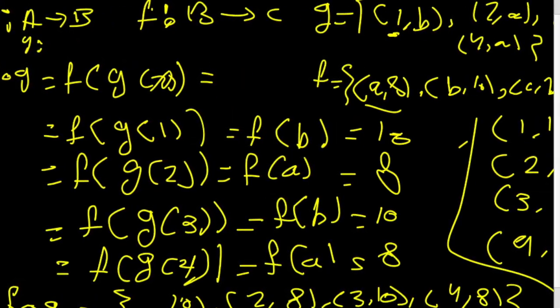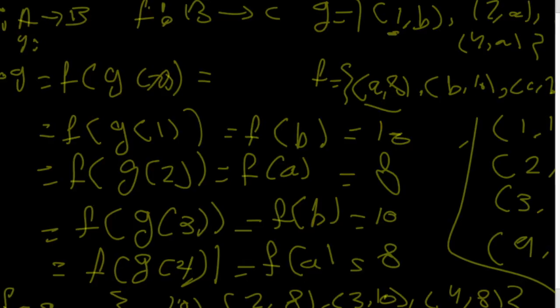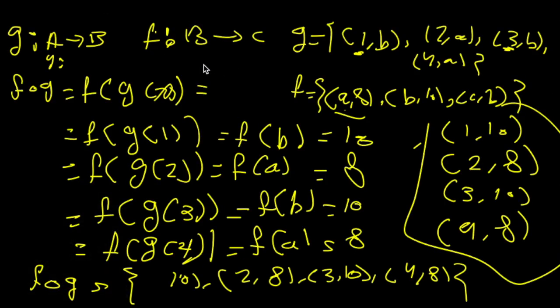Now the next part of this equation is asking me to find the composition with F inverse. F inverse is basically the opposite way. As long as C is mapped to 2 under the function F, 2 is mapped to C under the function F inverse.